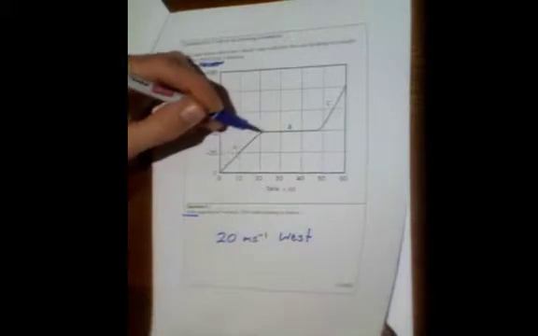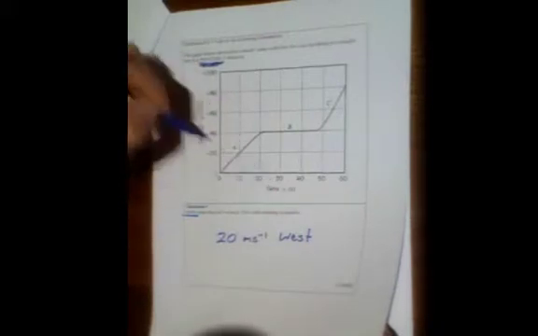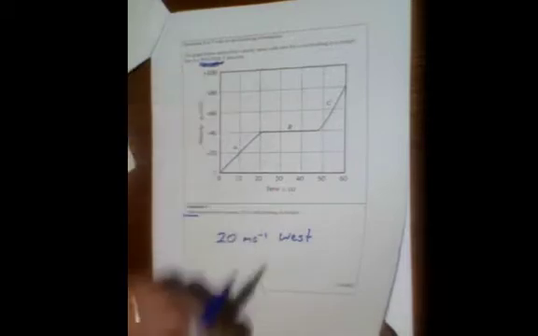Fully state the car's acceleration 10 seconds after starting its motion. Okay, 10 seconds. So it's this, and this is a constant gradient, and the gradient of a velocity time graph is acceleration. So we need to work out the gradient of this part. So gradient is rise over run.